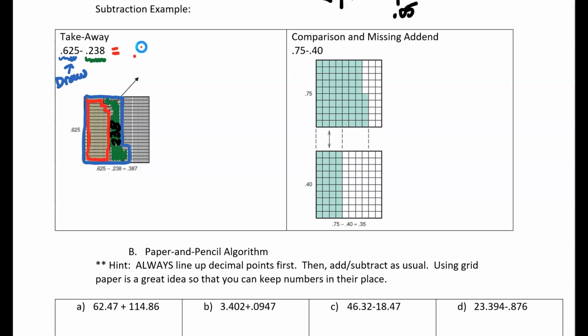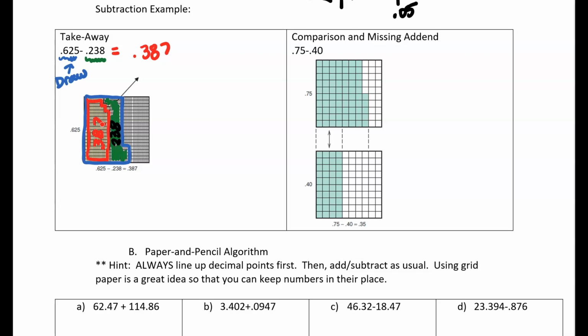And there is 0.387 or 387 left over. So that's one way that you can use a picture. Now I think with the squares that have 1,000, it's definitely trickier because those are teeny tiny squares. Keep in mind that you could do this much more simply by just using a decimal example where you just have 2 decimal places like we did above.